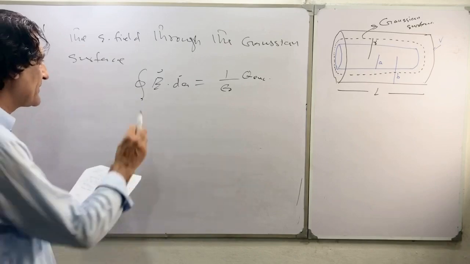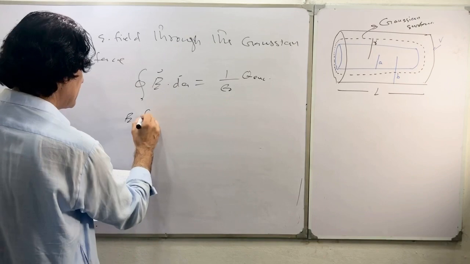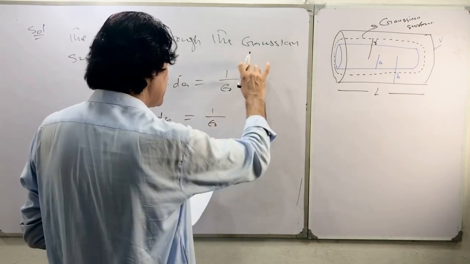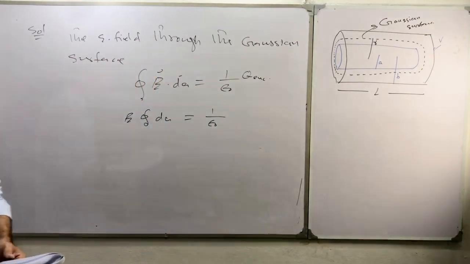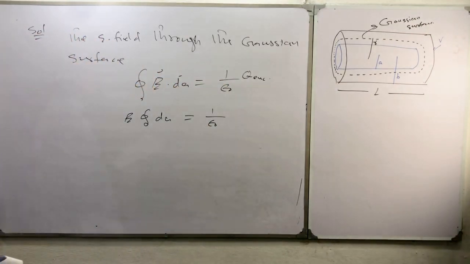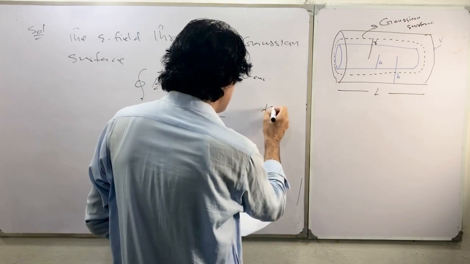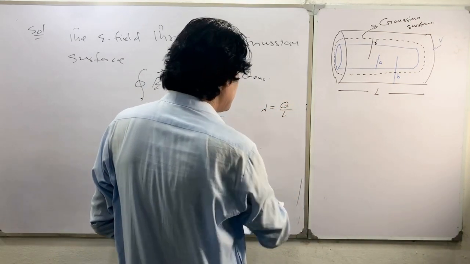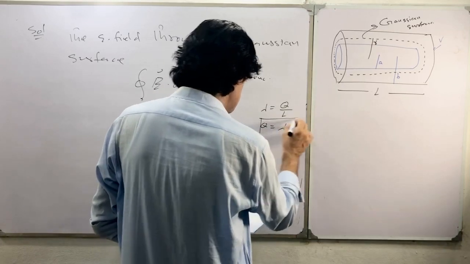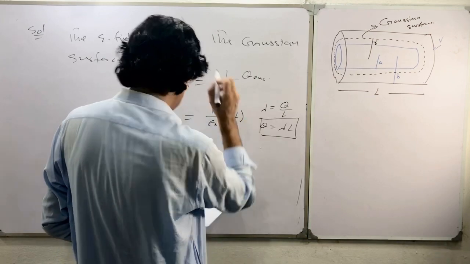Here E is constant in this configuration, so it can be taken out, and we have 1 over epsilon naught and Q enclosed. This is the charge having length L. So what will be the charge density? We can define lambda, charge per unit length, so the charge enclosed is lambda L.